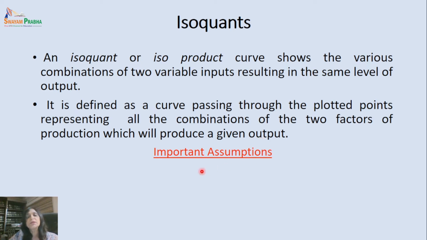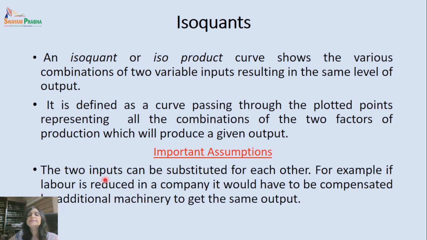Whenever we are talking about isoquants, there is an important assumption which we make. This assumption says that the two inputs can be substituted for each other. That is, instead of having less capital, you can have more labor. So capital and labor can be substituted for each other.